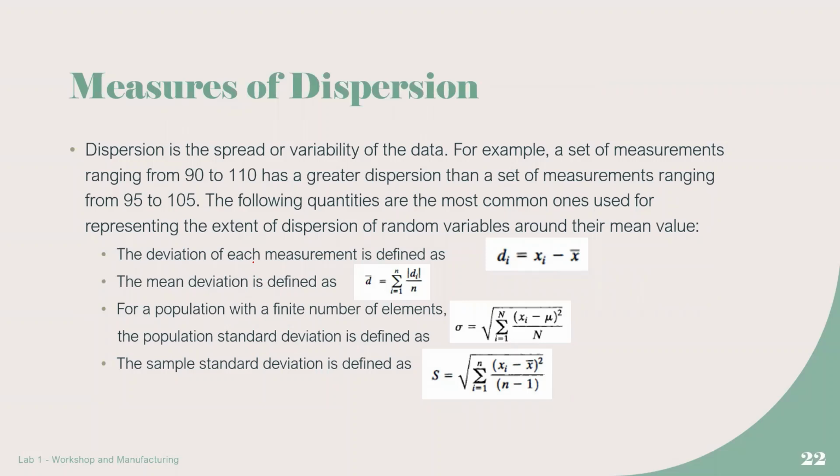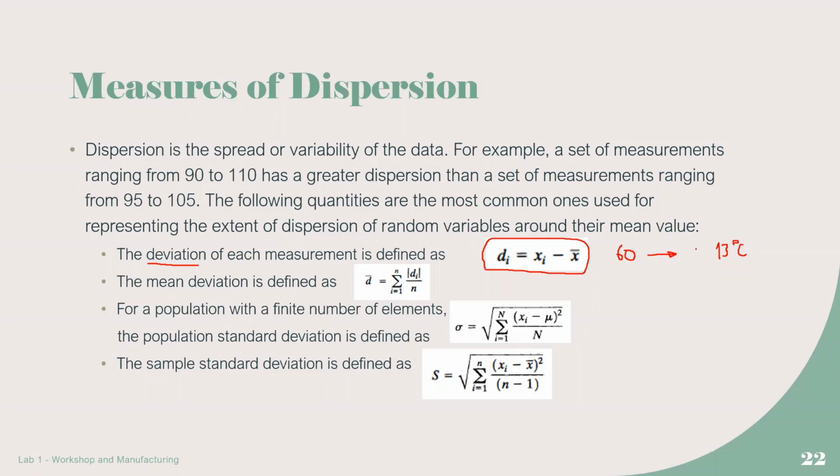And we have measures of dispersion. So we have deviation. What is deviation? So di, for example, let's say I measured all my measurements. I had 60 measurements, for example, and I took the average of it, and it turned out to be 12 Celsius, for example.